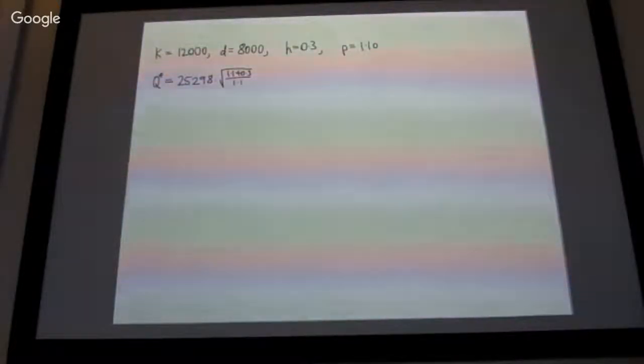It's just Q times something: the square root of P plus H divided by P. So it's the previous Q, the non-shortages Q, times this, which gives us 28,530.